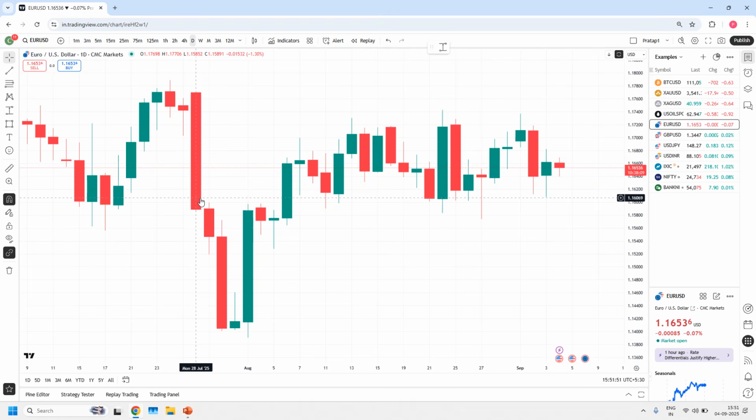Inside this balanced area, they might have kept so many sell orders, and the sell orders consumed all the demand in this area, that means consumed all the buy orders. Buy orders mean demand, sell orders mean supply. So all the demand is consumed, no more demand, but supply is more here. Because there is no more demand, it pushed the prices down.